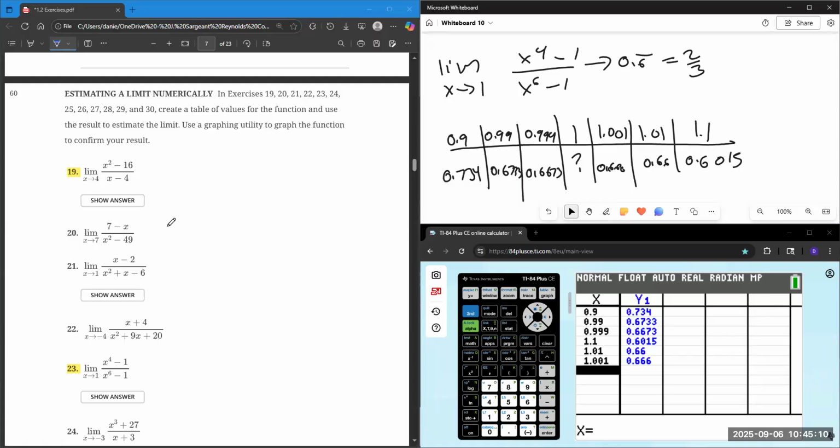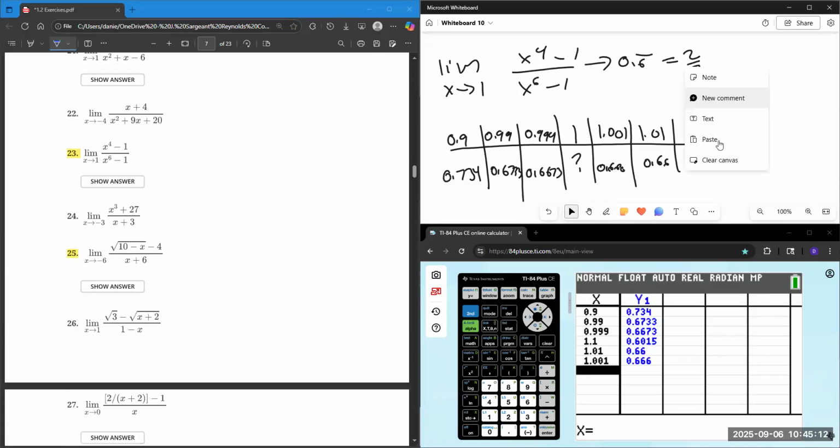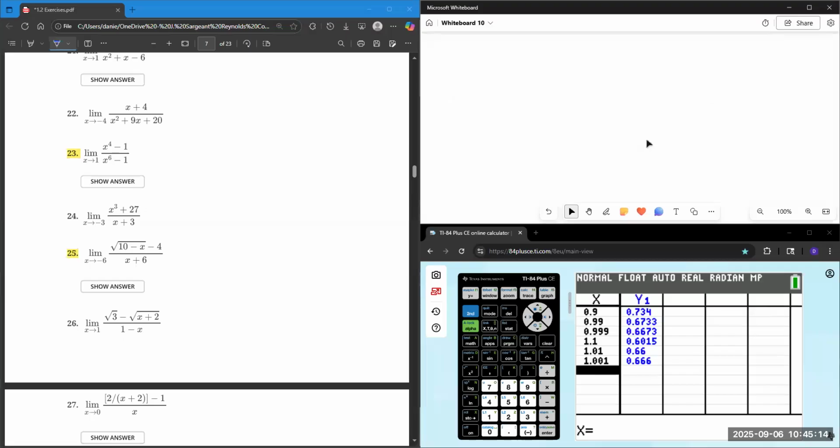Let's go to number 25 now. Limit as x approaches -6 of (the square root of 10 minus x, minus 4) over (x plus 6).